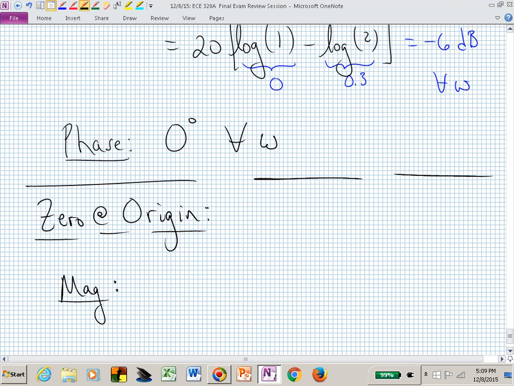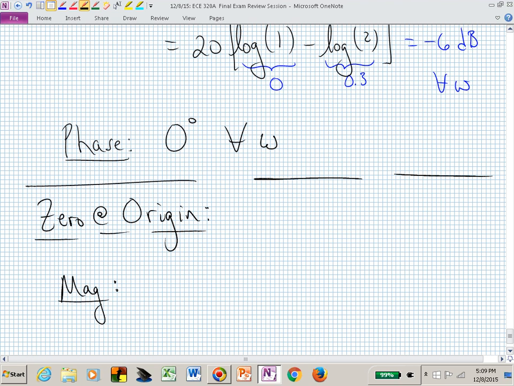It's always sloping, isn't it? And now you have to remind yourself, is it sloping up or is it sloping down? Zeros are in the numerator, which are upstairs, so we have a positive slope, and there's only one of those. It's sloping at 20 dB per decade for all frequencies.